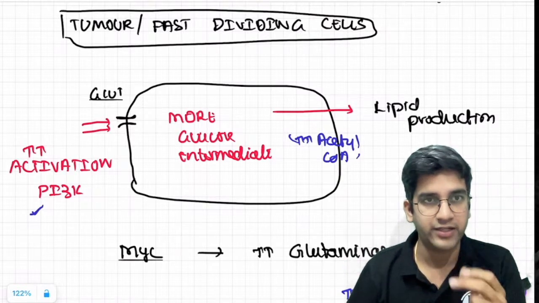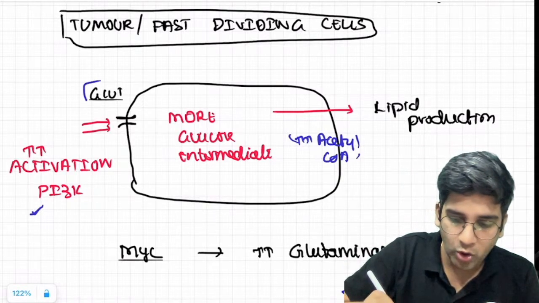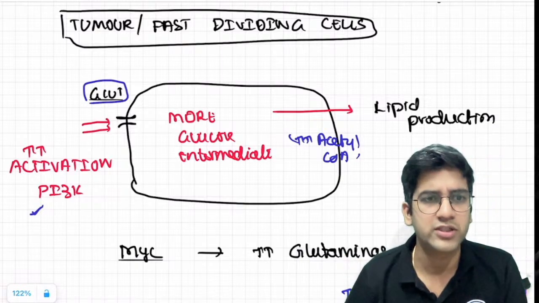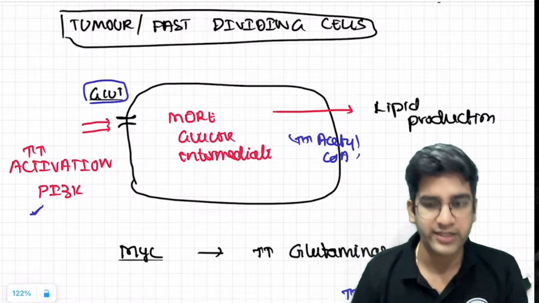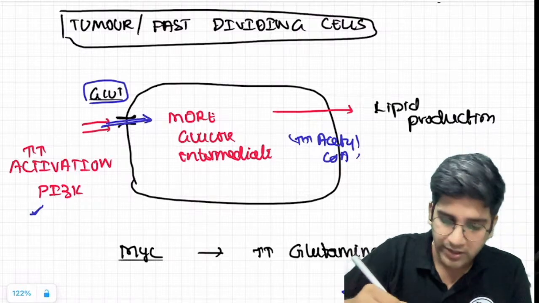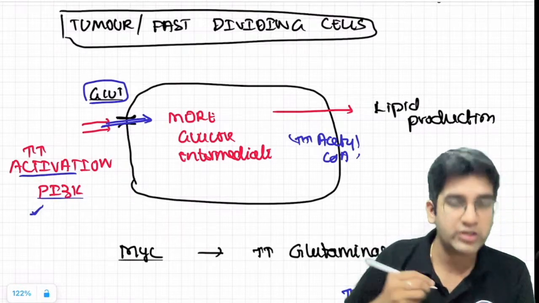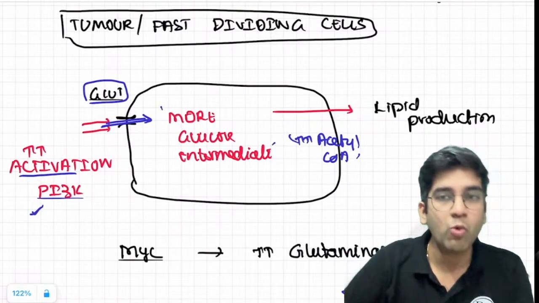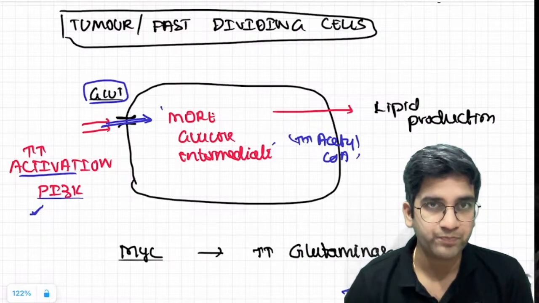Phosphoinositide 3-kinase. So what this does is it alters your GLUTs. What are GLUTs? Glucose transporters, right? So it will make sure that more glucose enters. Whenever I have activation of PI3K, I'll have more and more glucose.